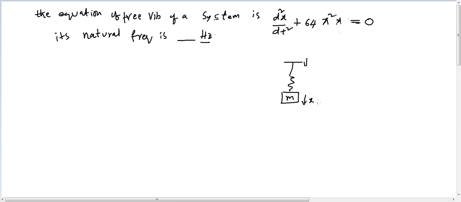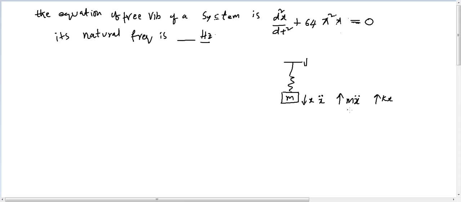The force m x double dot, which is mass into acceleration, will be acting in the upward direction, and this spring also will try to pull this mass upward by an amount k into x.